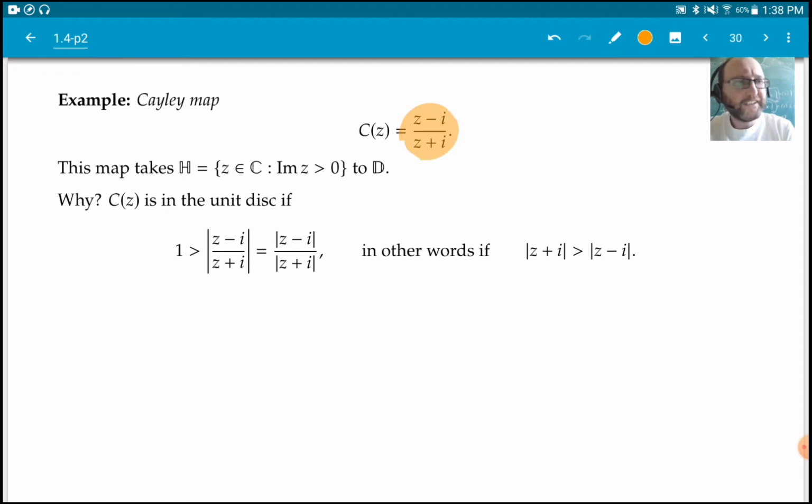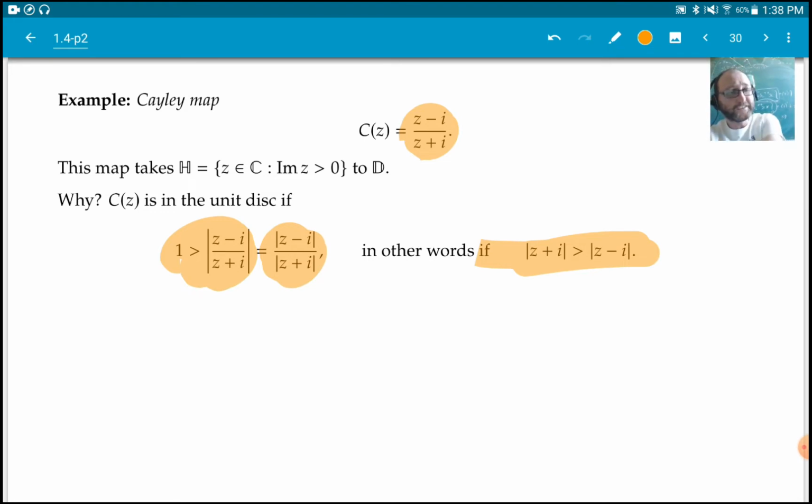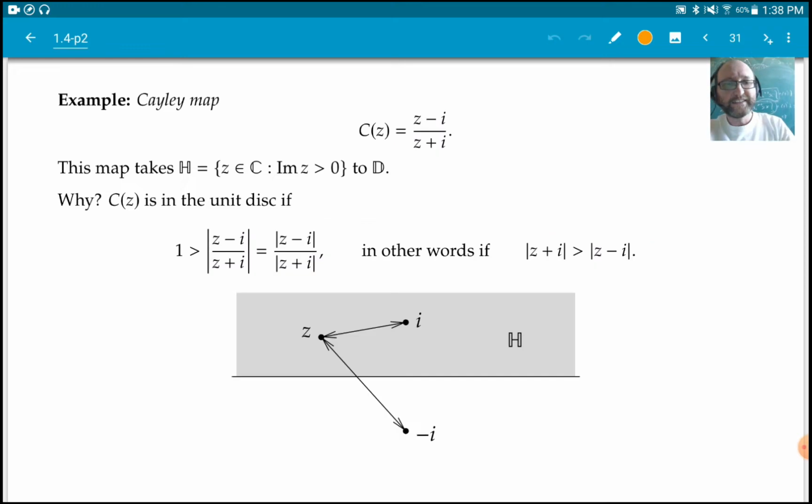Well, this is in the unit disk if its modulus is less than 1, right? So the modulus of the Cayley map is equal to this, and I can just write it in a different way. I just write it as the modulus of z plus i being bigger than the modulus of z minus i. And then you look at a picture. What does that mean about z, right?